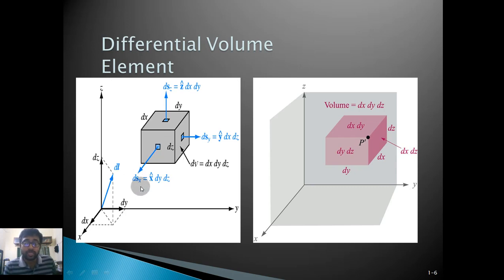That's why s suffix x has been mentioned, and this x is the unit vector a suffix x. The volume of the cube is a scalar quantity, but surface area is a vector quantity, because this surface area is representing a vector in the direction of another axis.